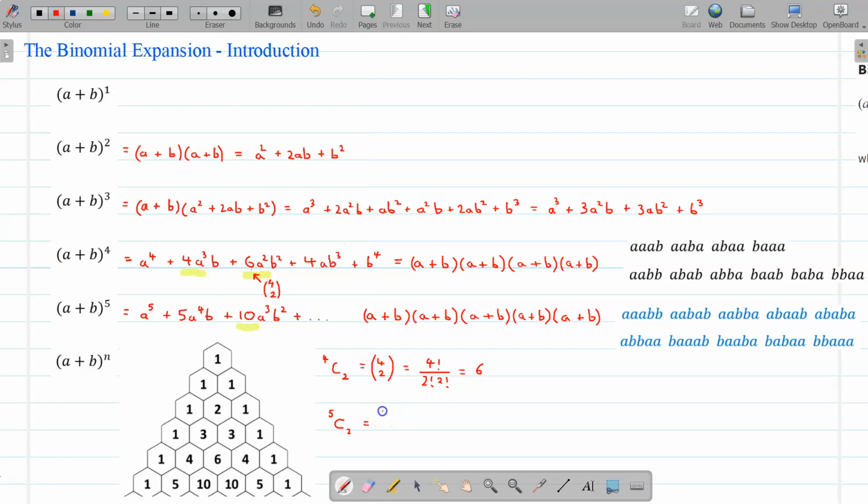So it can be written as 5C2, and that means 5 factorial, which is 120, 1 times 2 times 3 times 4 times 5, over 2 factorial times 3 factorial.